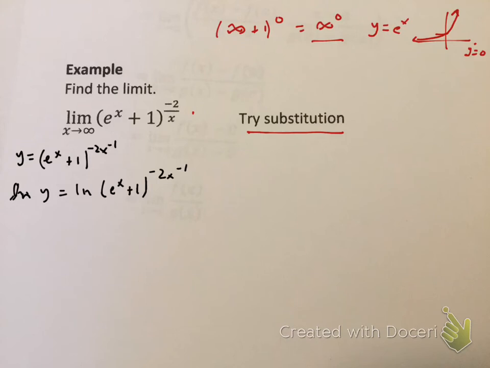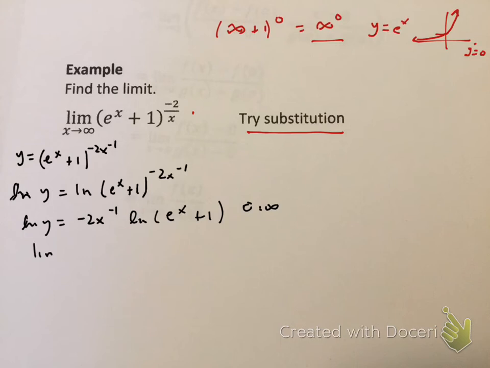Use the third property of logarithms, and so the natural log of y is equal to negative 2x to the negative 1 times the natural log of e to the x plus 1. If you bother with this, this is 0 times infinity. You can check that on your own. I'm not going to argue that point.